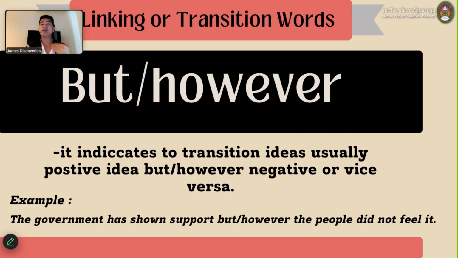You can see positive first, the government has shown support, and then negative right away, did not feel it. So that is the function of but and however. If you feel that there is negative versus positive, or positive versus negative, you can use but or however for linking the ideas. Okay? All right, thank you for that.